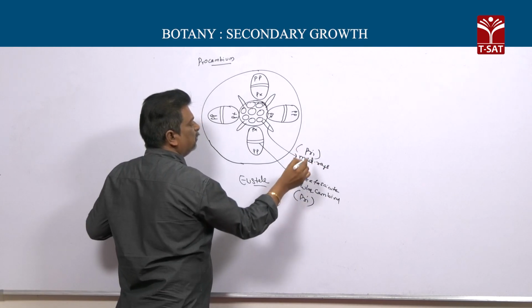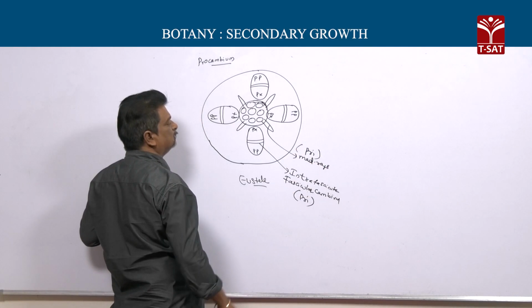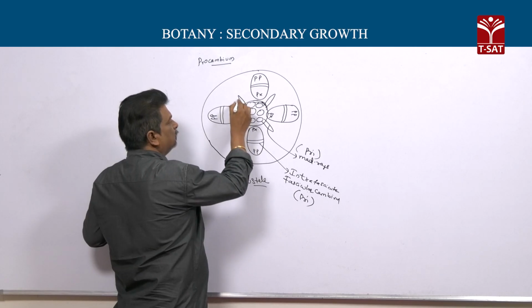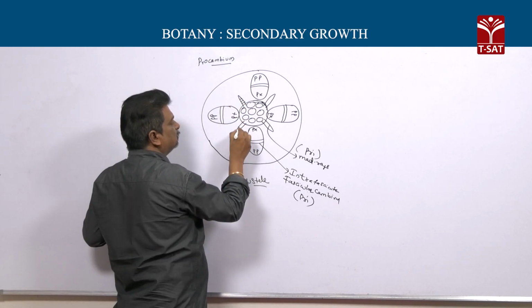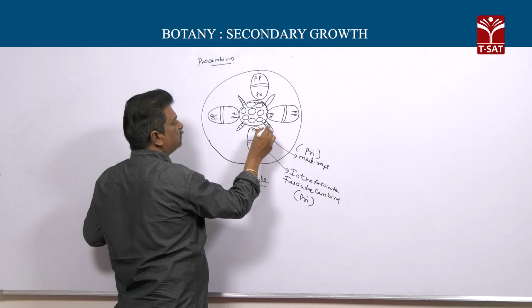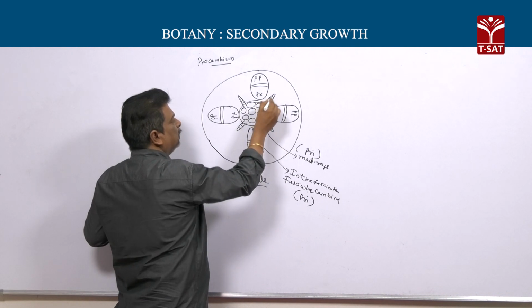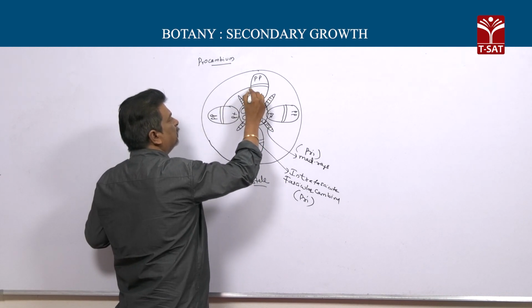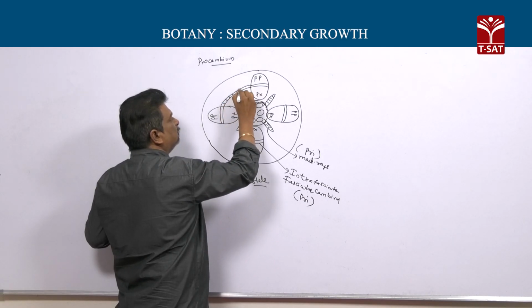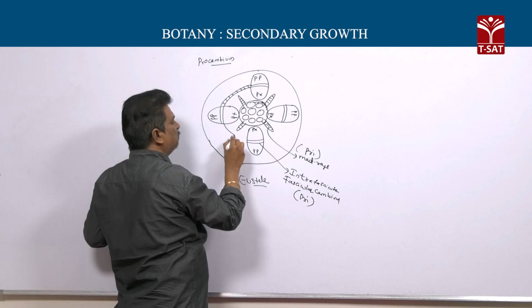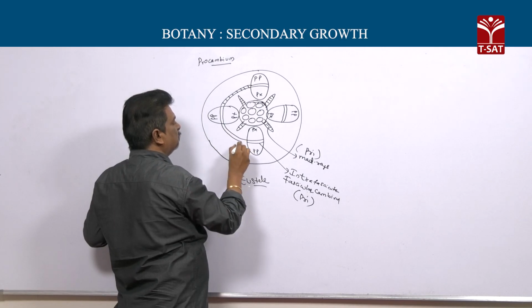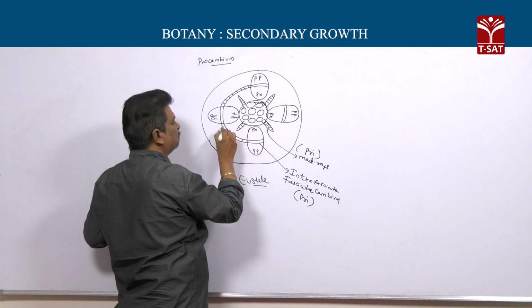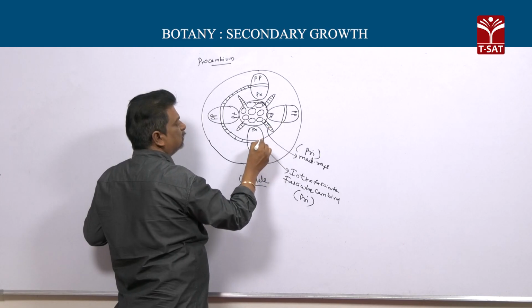These are primary medullary rays. Generally, these primary medullary rays are parenchymatous. Then, this primary medullary ray by dedifferentiation produces cambium.